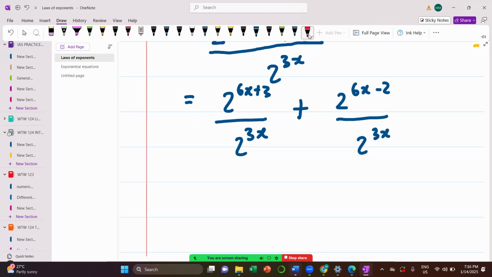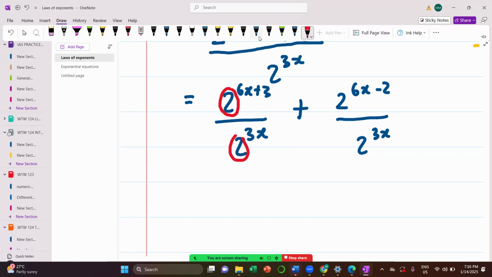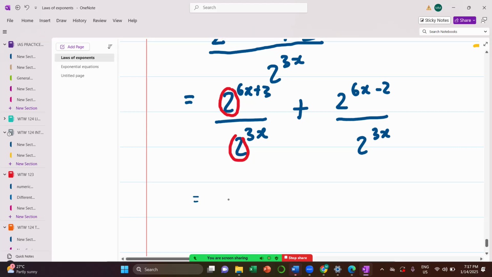So check now. What is it that we have? I have the same base, and I'm dividing. So what will happen is that I will keep the base and then subtract the exponents. So it's going to be 6x plus 3 minus, I put the exponent in a bracket, 3x, and then plus.